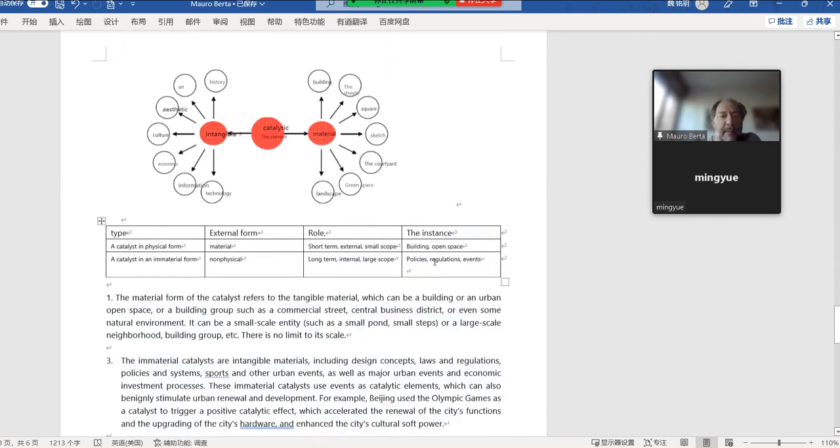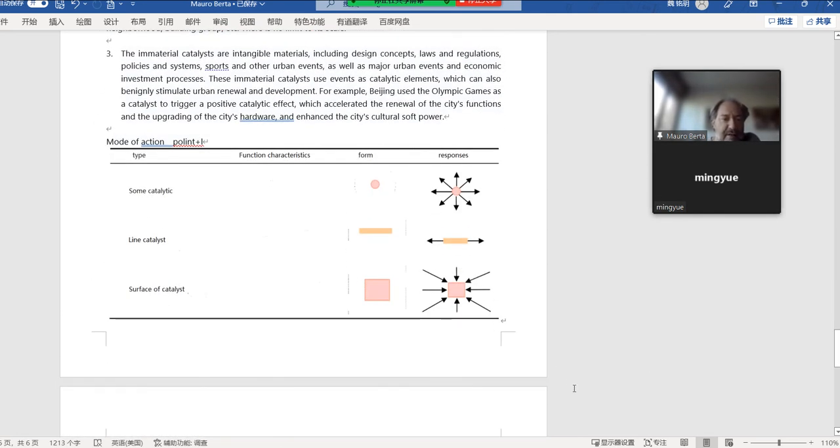Okay. Well, about this, my suggestion is this. First of all, I would like to ask you to always privilege original drawings. So it will be better that you create your own personal set of illustrations for your thesis.